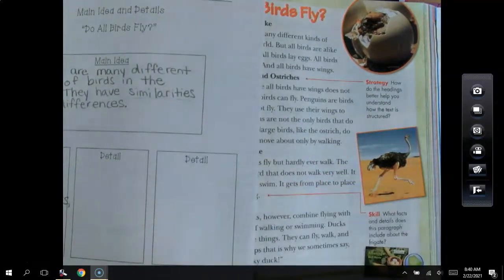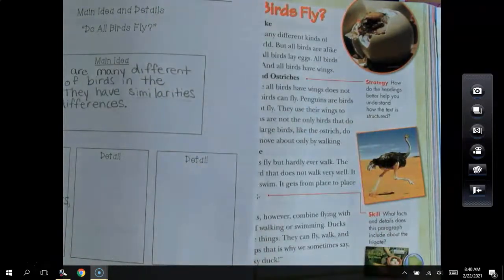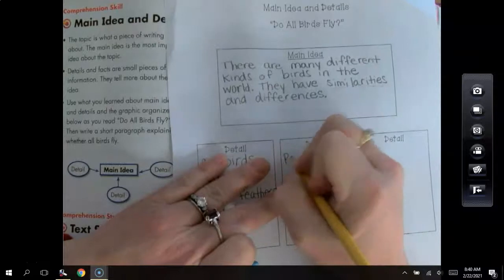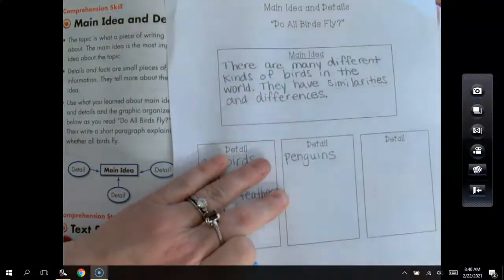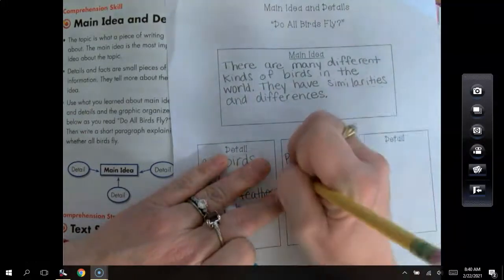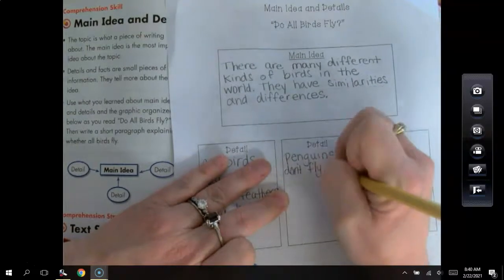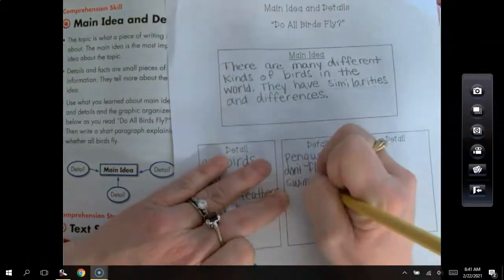How could I take all of that information and write a detail that supports the main idea that they're different? Well, boys and girls, we could say penguins don't fly, but swim, right?